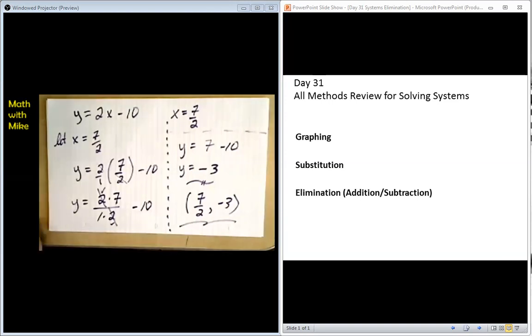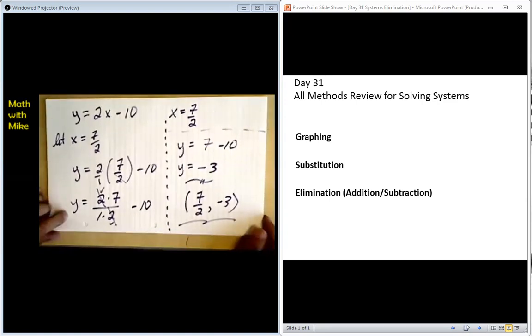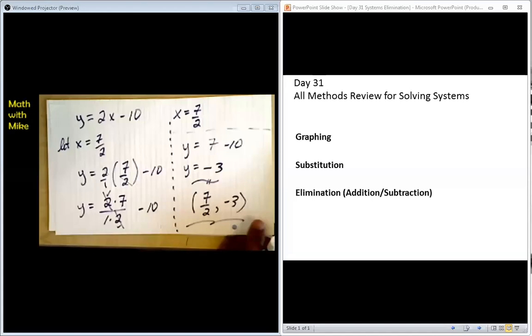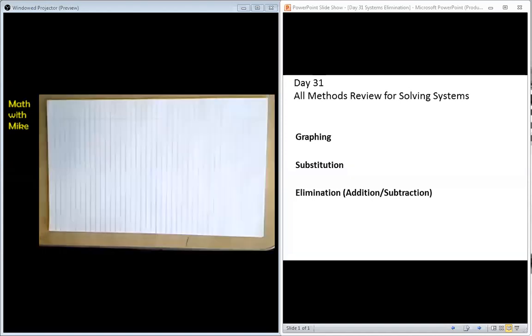Okay, one more warm up then. The other method, elimination. When this is done there. Good. So this is warm up number 2 now.